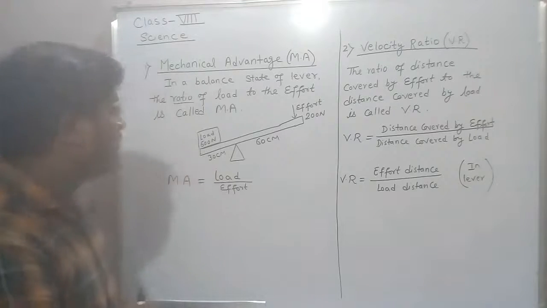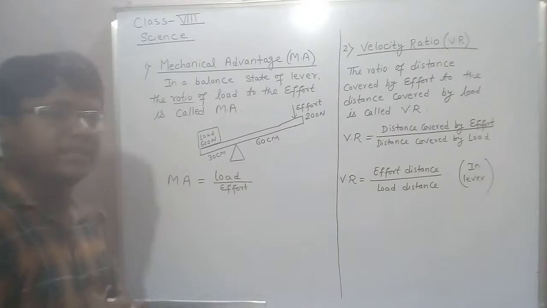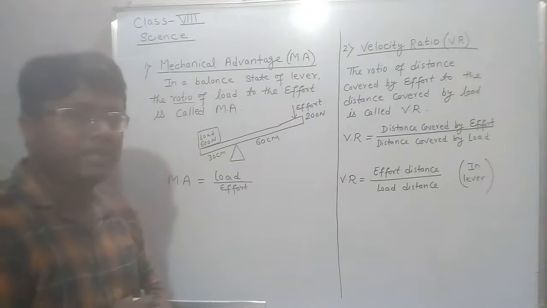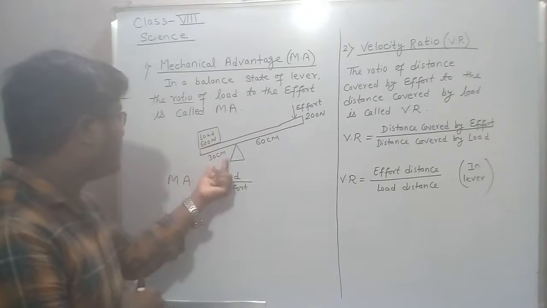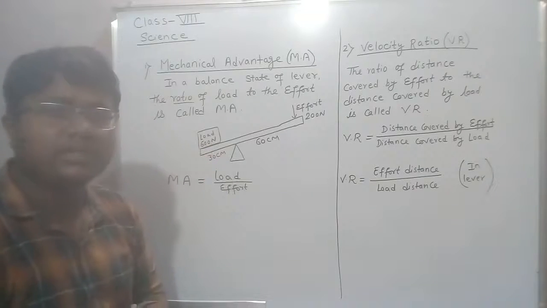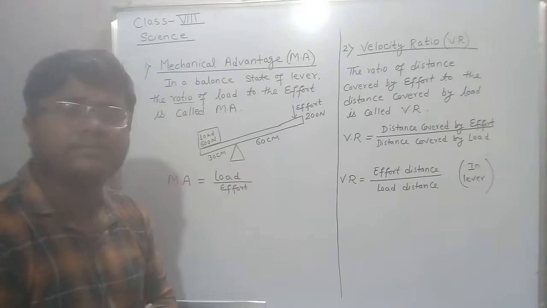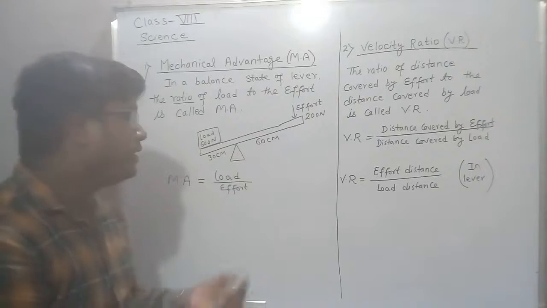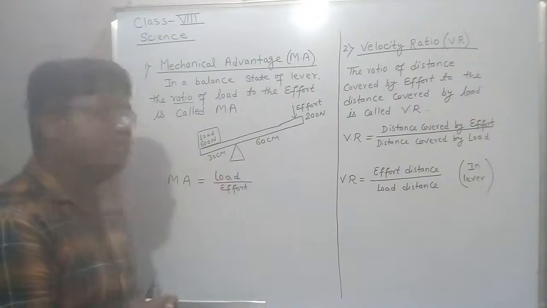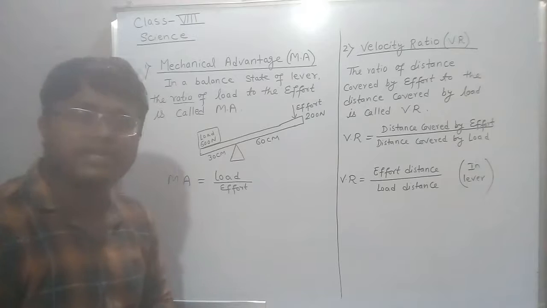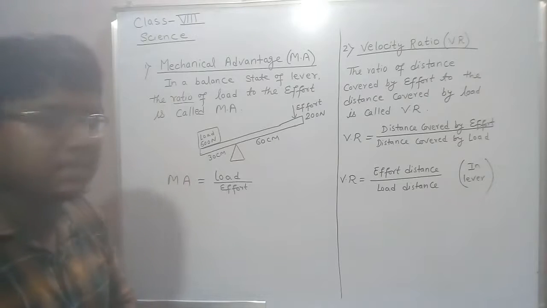For example, let's see this picture here. A 600 Newton load is here, at a distance of 30 centimeter. Do you remember? This 30 centimeter is your load distance, or you can say load arm.